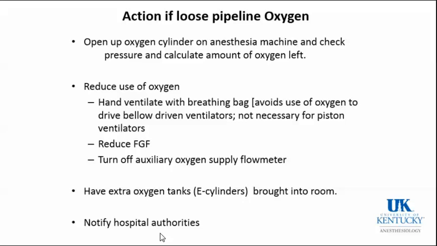In addition, if the tank had been left open, as I mentioned, anytime the pipeline pressure falls a little bit, and that occurs with high oxygen flow rates, sometimes from the ventilator. Remember, many of the ventilators use the oxygen from the pipeline to drive the bellows. The pipeline pressure could periodically go down, and if the tank is open, it could periodically bleed into the system.